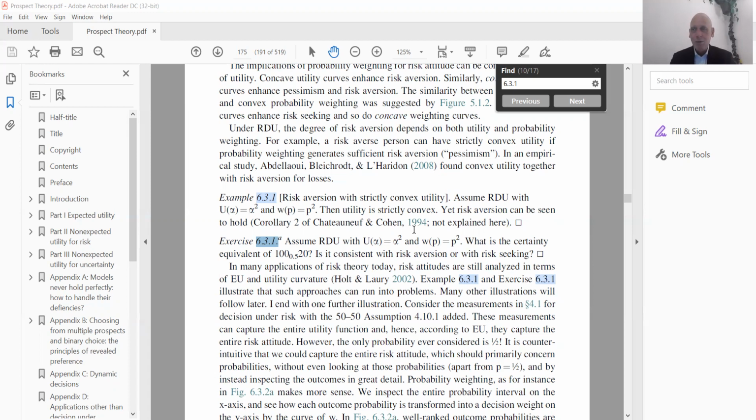Many people keep on saying risk aversion is concave utility. They learned long ago in their youth, their micro teacher told them risk aversion means concave utility. And that's true under expected utility. But it's ingrained in their brain as an absolute truth because that teacher told them. So that in other theories it may not be true does not occur to many people.